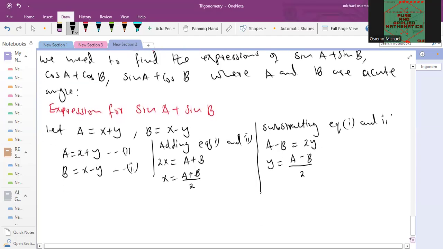So if you substitute A for x plus y and B for x minus y, our expression now will become sin of x plus y, plus sin of x minus y.